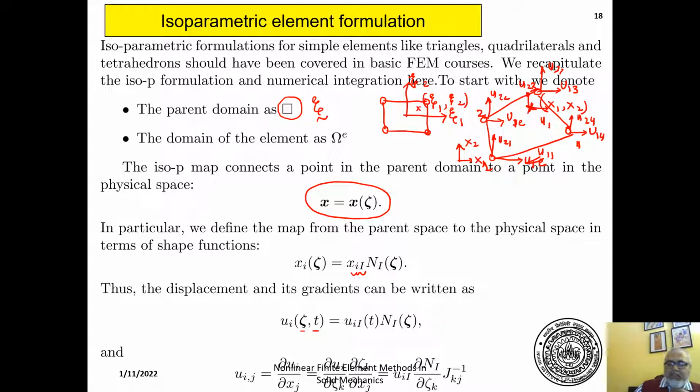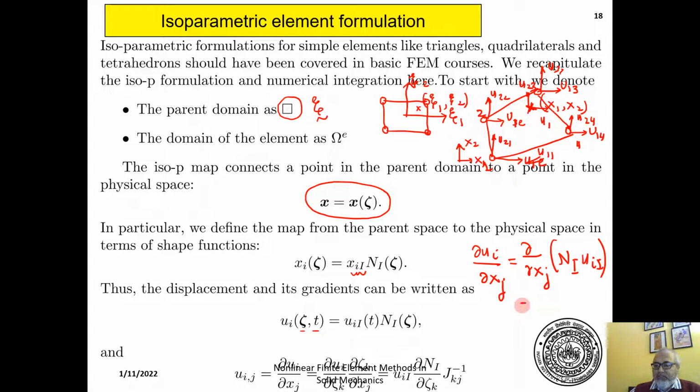Now this again allows us to do the gradients and other things in the usual tensorial manner. So if I want, let's say, del ui del xj, the gradients of the displacement, then I do del del xj of NI uiI.